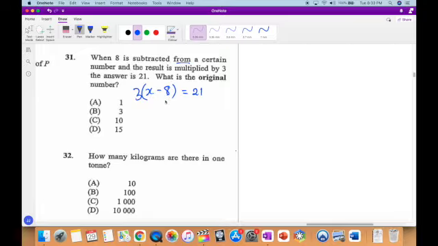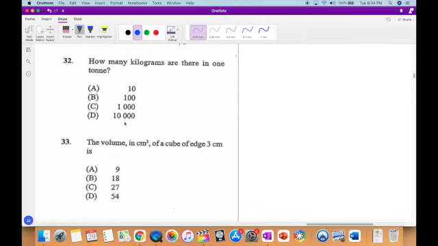So it'll be this, 8 subtracted from a certain number, right? So that means that 3x minus 24 is 21. 3x is equal to 21 plus 24. That gives us 45. So therefore x is 15.